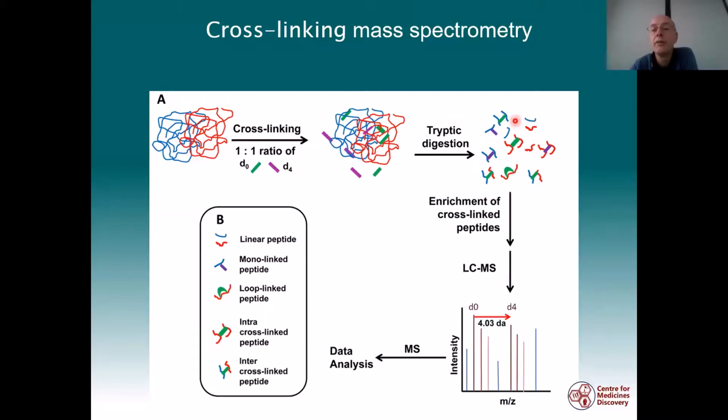Some of these have the cross-linker alone, like this one. This is monolinked. You can have a link between two peptides within the same protein. Here's a link between two peptides within the other protein. But what you really want to see is something like this.